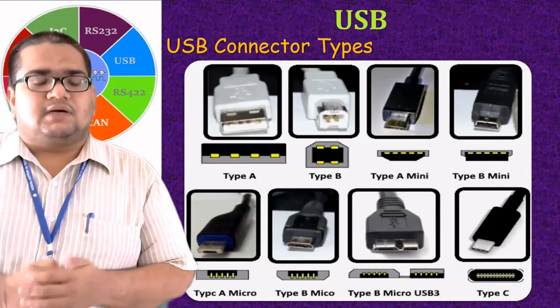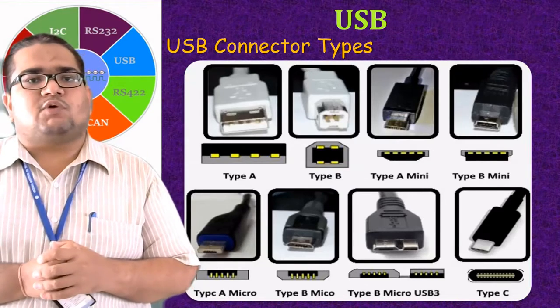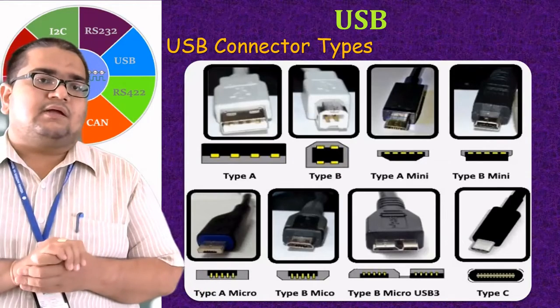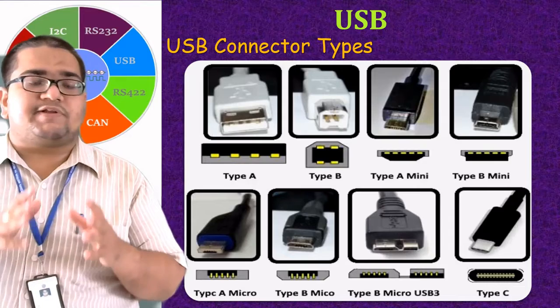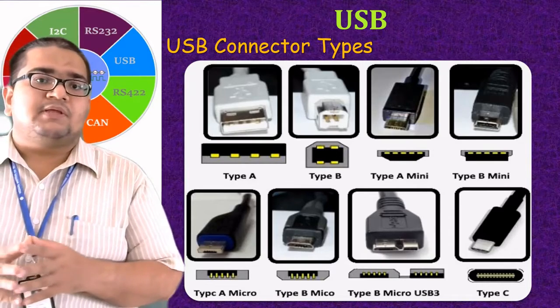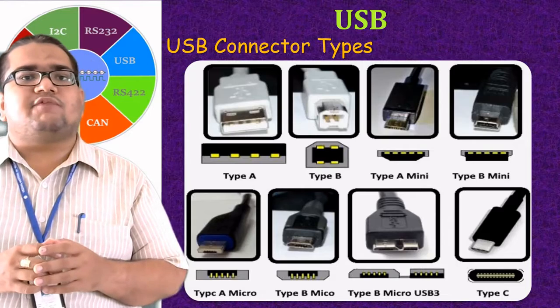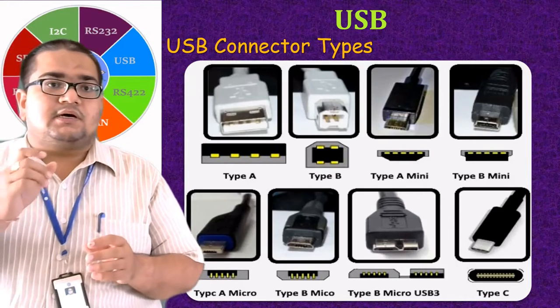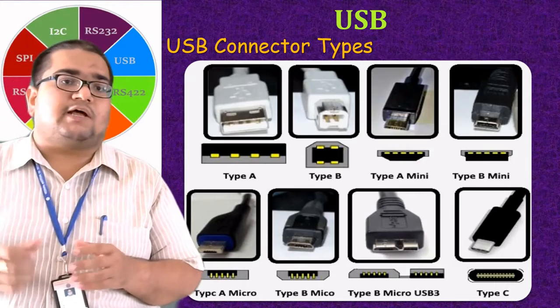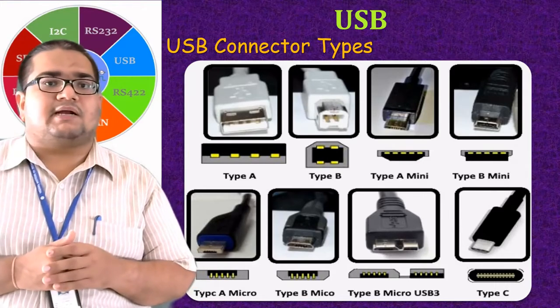One more difference between the Type A USBs used for USB 2.0 and USB 3.0 is that color codes were used to differentiate the USB 2.0 Type A connector from the USB 3.0 Type A connector.